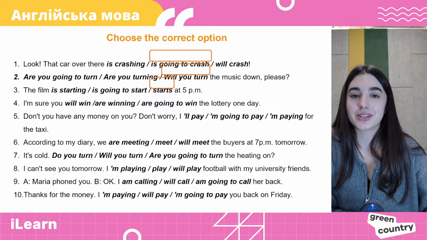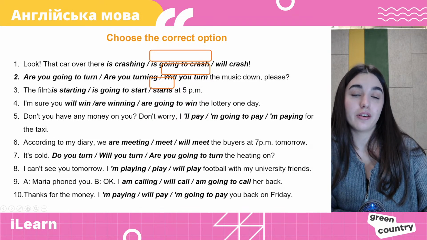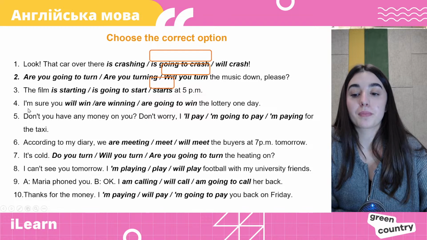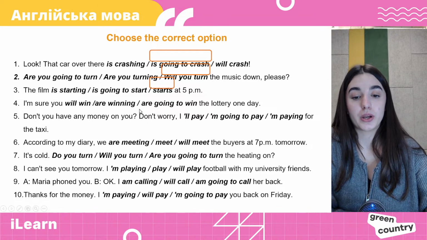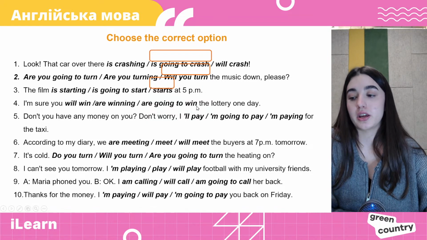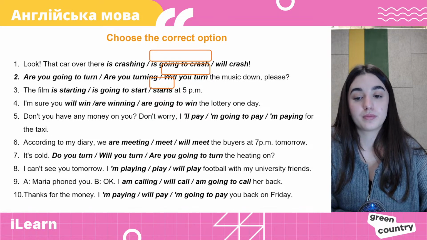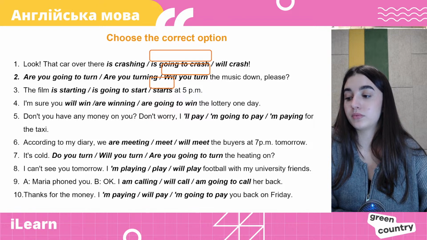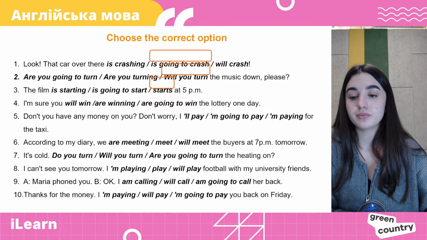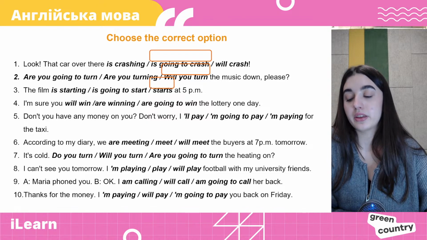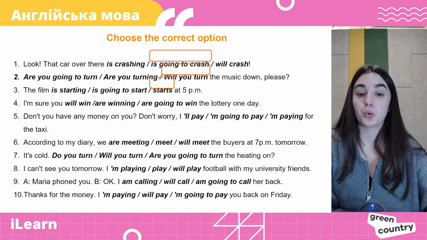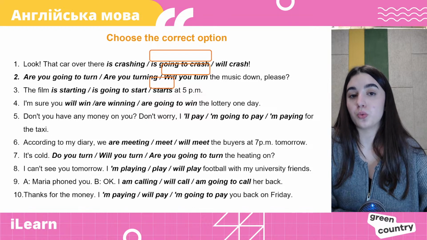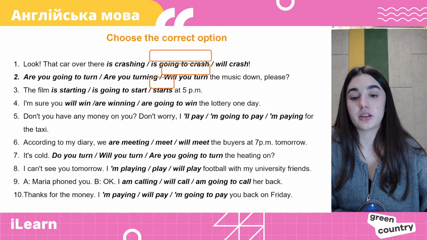Yeah, I think that was easy because it is a schedule of the films. Good. Number 4. I'm sure you will win, are winning, are going to win the lottery one day. Let's think. It's not a prediction based on what we see. It is a prediction on what we think. Pay attention to it, please.